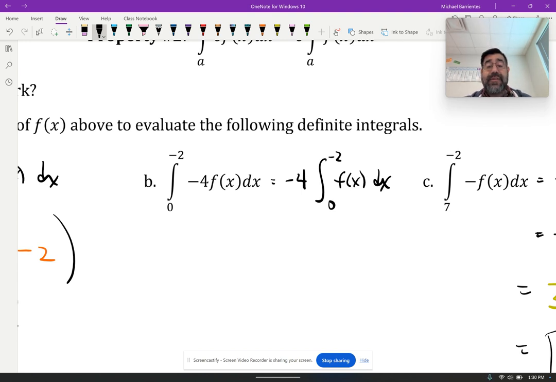Letter B turns out my limits are still upside down, so I can fix them, quote unquote fix them, by putting the smaller value on the bottom. But then I have to take the opposite of this, so that's going to give me positive 4, and then you can proceed from there.